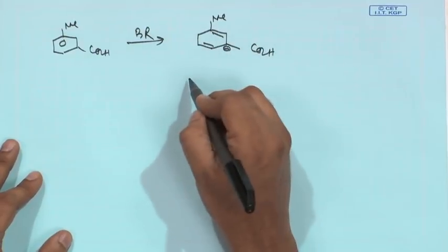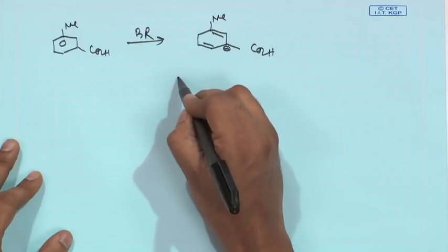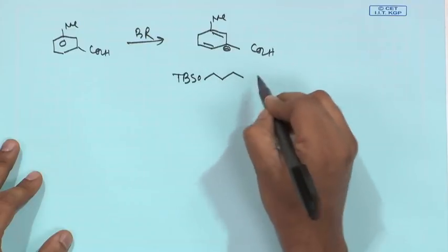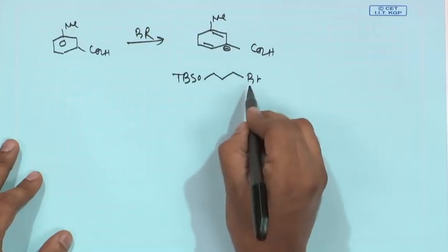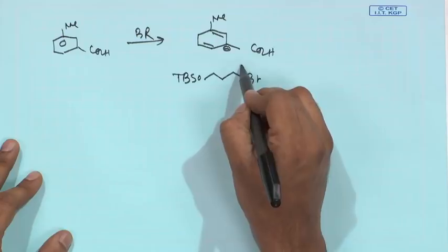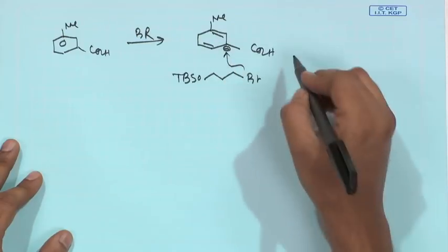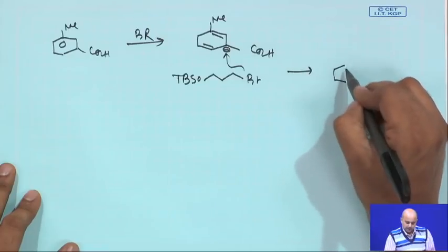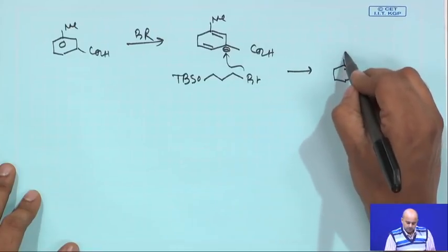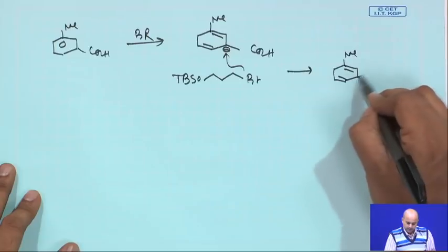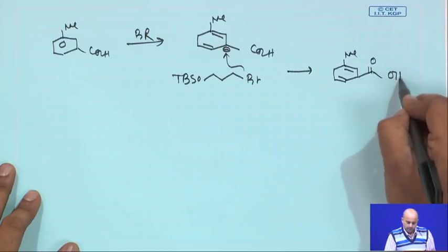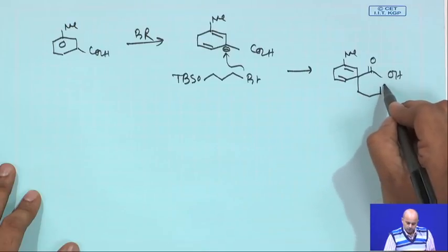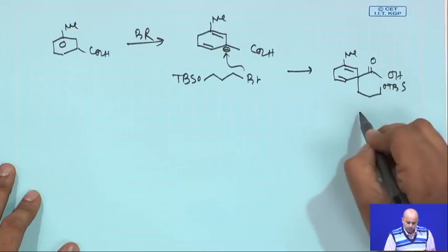We are using an alcohol protected electrophile, and then you will be using this electrophile to trap this carbanion to get the compound CH2, CH2, CH2, OTBS. Now, we are almost close.